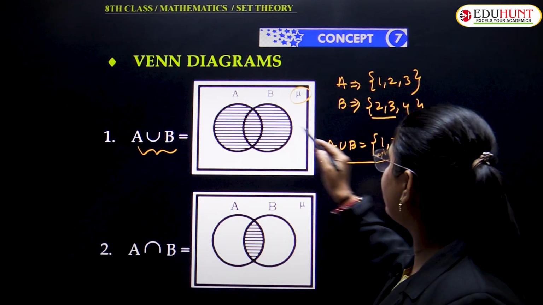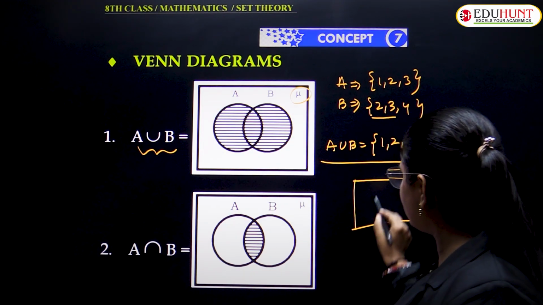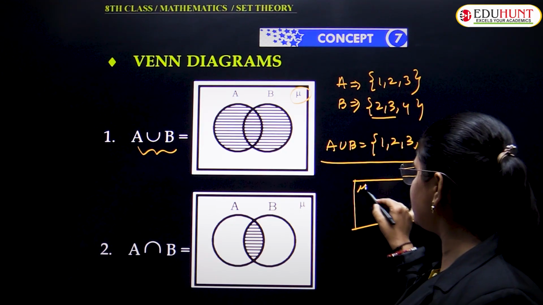Let me represent this with the help of a diagram. This is the box, and this is the universal set.